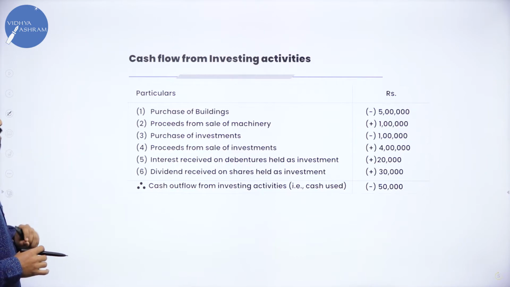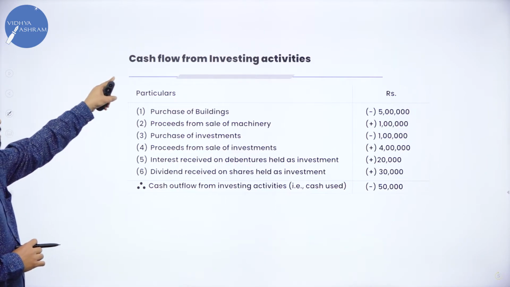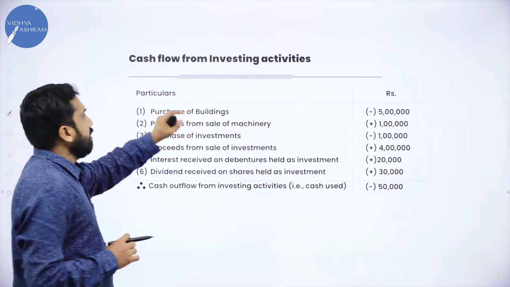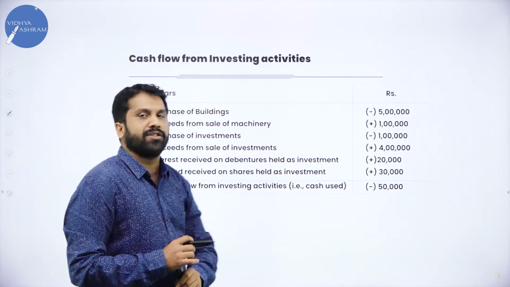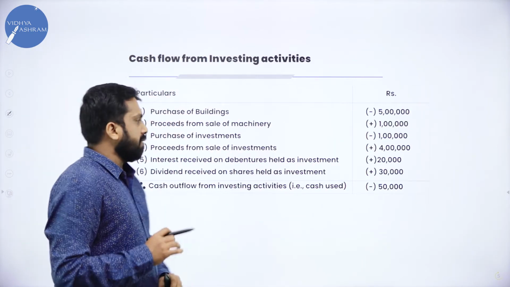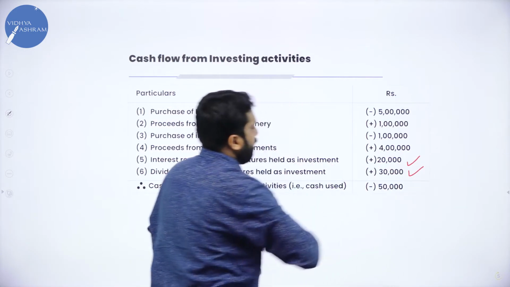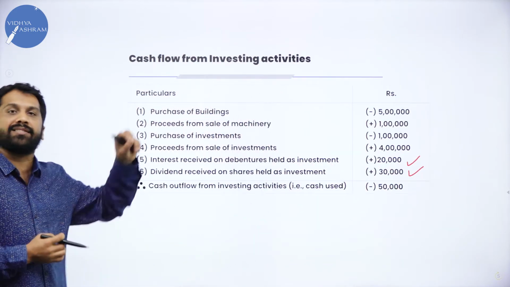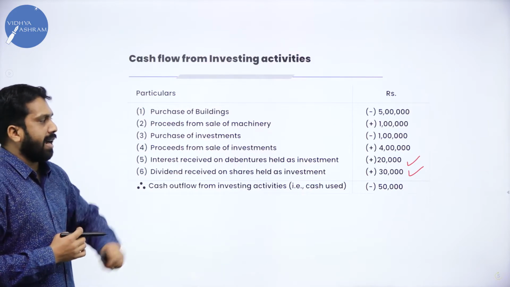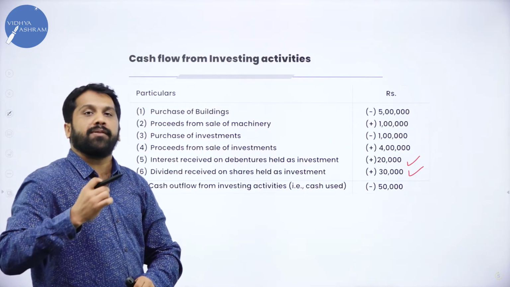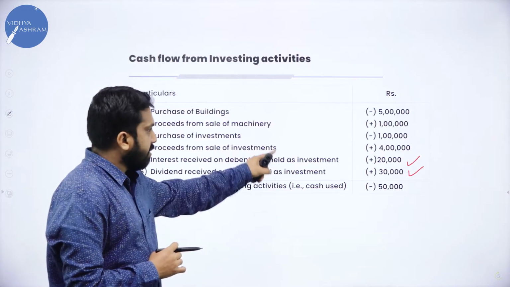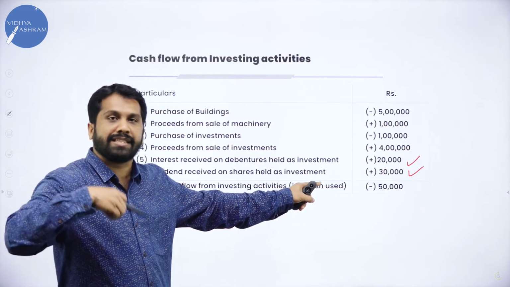See, this will be your answer. As I told you, you have to write the heading: cash flow from investing activity. First, your 20,000 and 30,000 are added. It was in the adjustment, so we have added. Why were they added? Because these are income received.